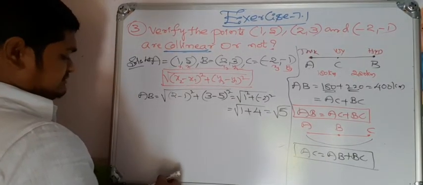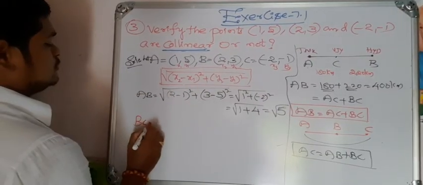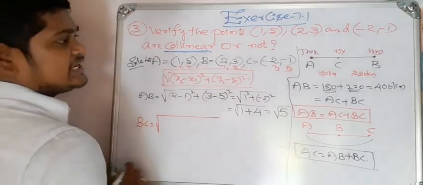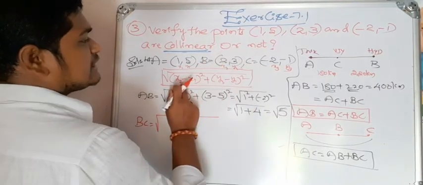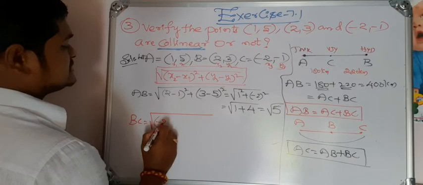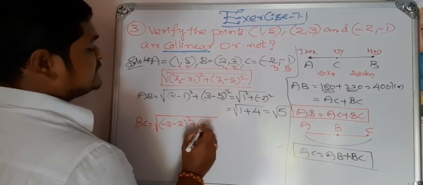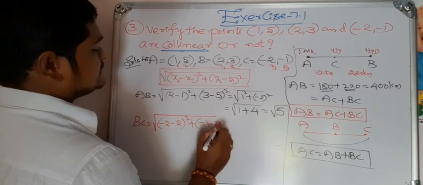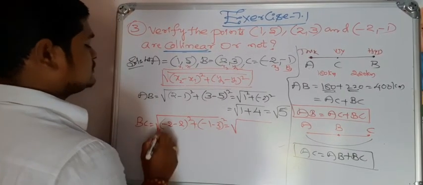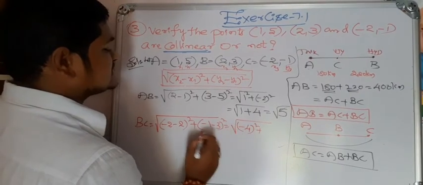Now coming to the next pair, that is B and C. Find the distance between B and C. BC is equal to root over (x3 minus x2) whole square plus (y3 minus y2) whole square. The formula is the same, just change the points. x3 minus x2 means minus 2 whole square, plus y3 minus y2 means minus 1 minus 3 whole square. Let's simplify. Minus 2, both are the same sign, so add and keep the same symbol.